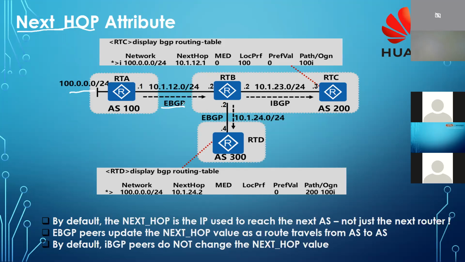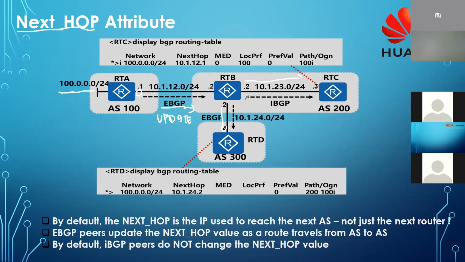In every update, the router needs to specify the next hop of the prefix. So RTA will send RTB an update that has this prefix. In this update, RTA says the next hop of this prefix is this IP address, 10.1.12.1. When RTB receives the update, it will send it to its eBGP neighbor and iBGP neighbor.